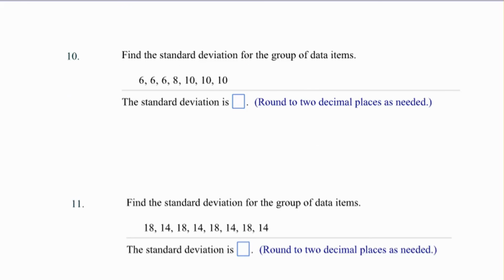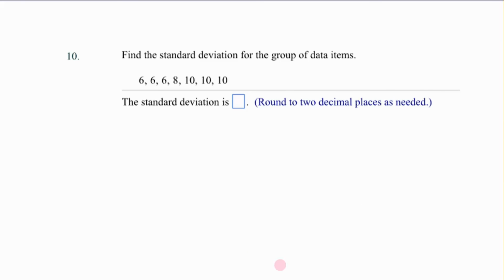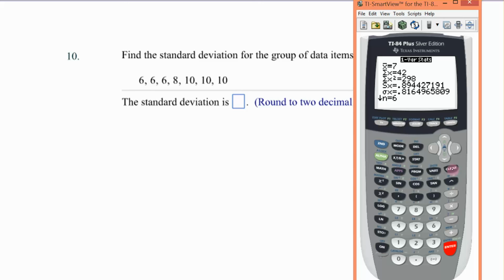All right, let's do it again with number 10. Get just a little more room. Calculator. Clear that off. Go to Stat, Edit. Type my numbers in. I have 6, enter, 6, enter, 6, enter.